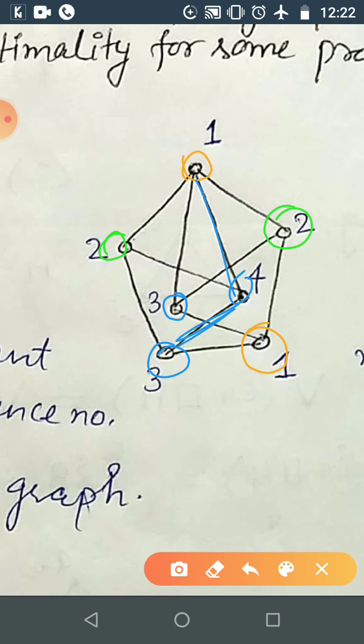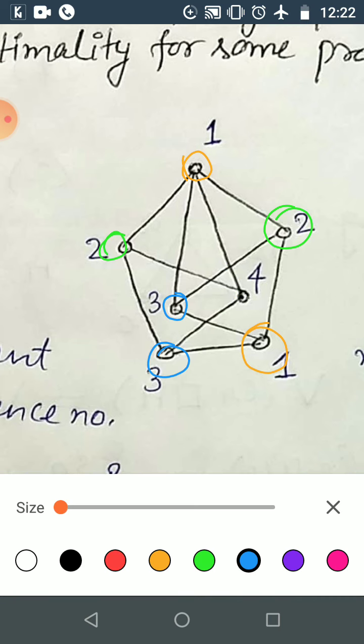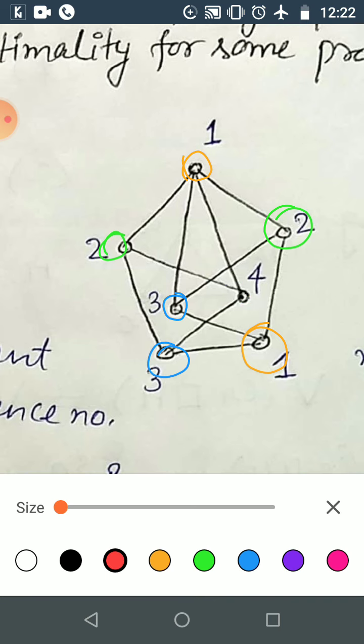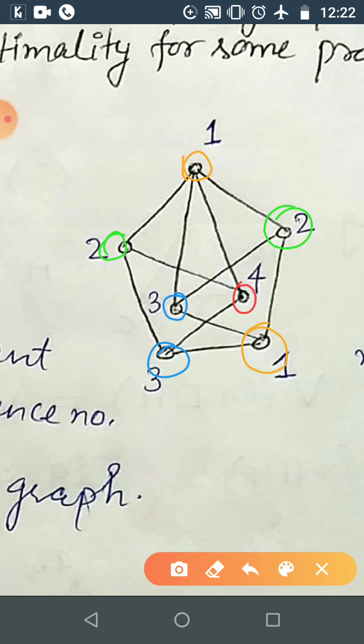Adjacent with 1, 2. See, this vertex is already adjacent with all the 3, so we have to use the fourth color. The fourth color I am choosing as this one. Or you can choose this one. So this one I have used. So four, or you can just say this is the 4-colorable graph.